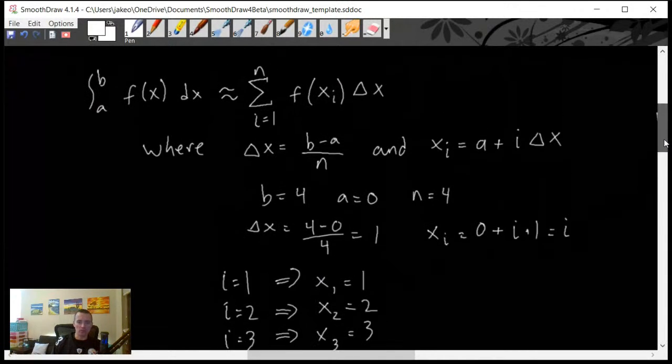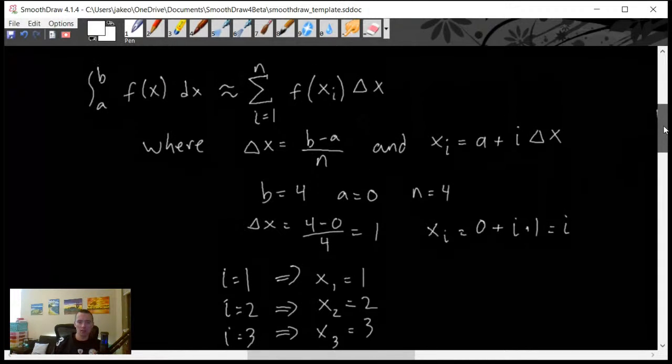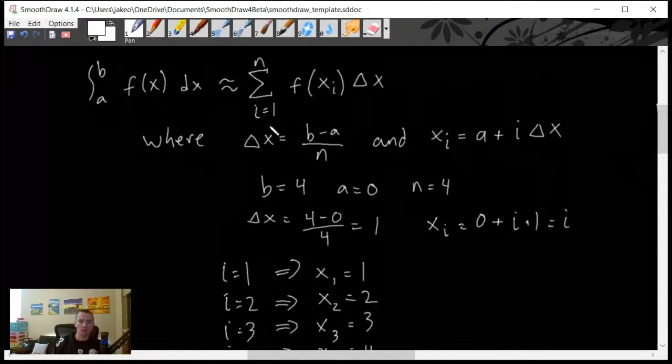Now, once you've found those 4 x values, you can see the kind of sum equation that we have here. What it's basically saying is we're going to take the sum from i equals 1 to n of f of each of our x values times delta x.